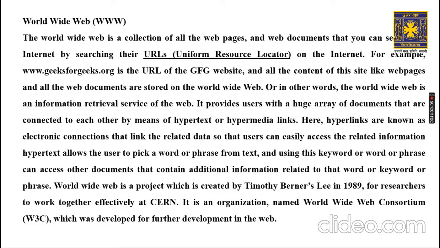So, suppose you have a link in some web page, if you click on that link, it will take you to some other web page. Is it clear? So that is the thing. Hypertext allows the user to pick up a word or phrase from the text, and using this keyword or phrase you can go to the additional information.